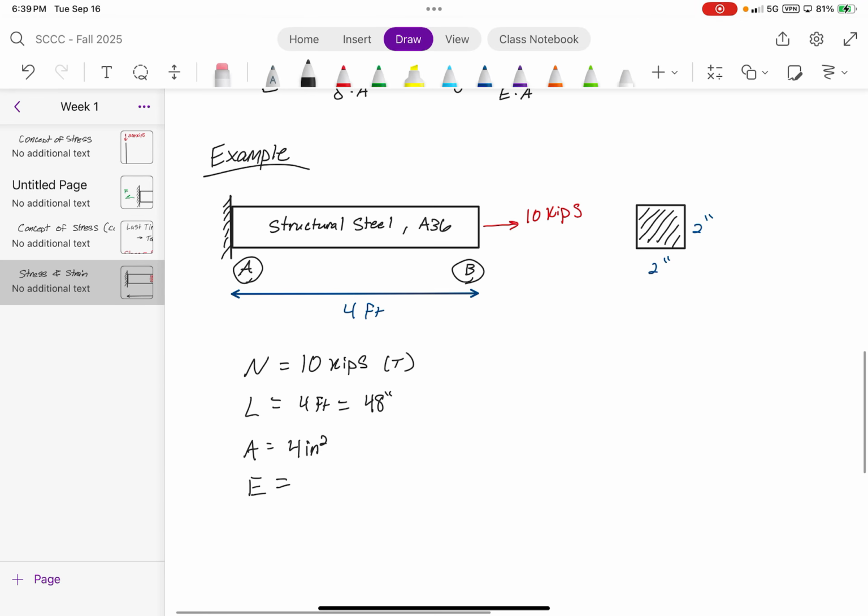And the last thing we need is the elastic modulus. What is the elastic modulus of a structural steel element? If you don't know, take a look at your appendix. Is it 200? 200 what? GPa? Well, it might be, but we're looking at it in terms of imperial units.